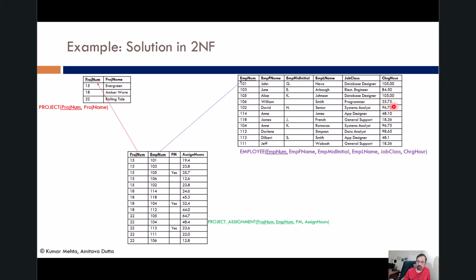That's perfectly fine. I would put the new employee's number in here, their names over here, and null values for these other two columns, and I add the new employee. So adding a new employee is not a problem, because I have the primary key.